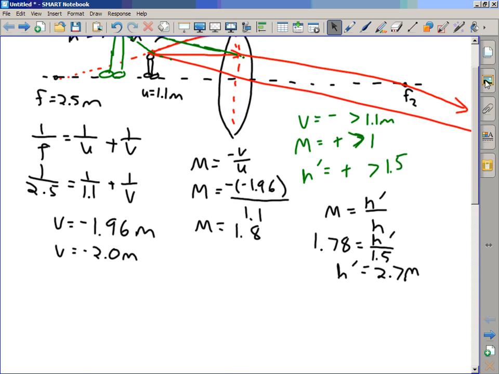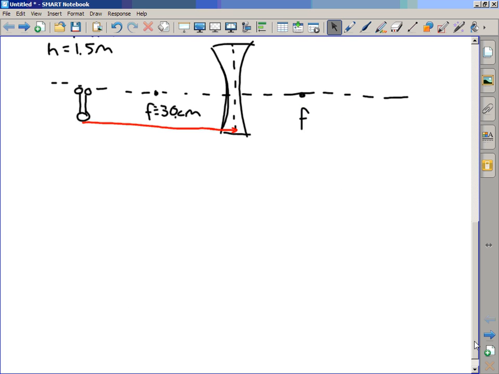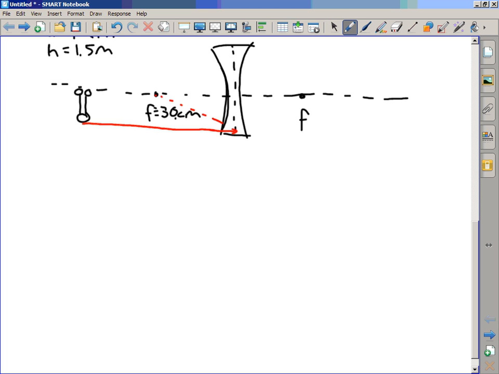Look at the difference here, right? One that came in parallel refracts through F2. This line right here comes in parallel, refracts through F2. Now, instead, down here, one that comes in parallel is going to refract as if it came from F1.